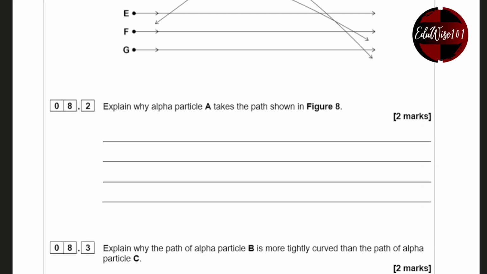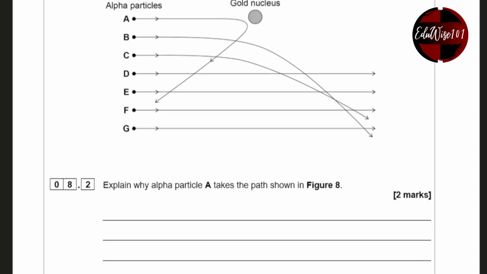Why did the alpha particle shown in figure 8 bounce off? Now, what we need to remember is that an alpha particle is a helium nucleus. Because it's a helium nucleus, it has 2 protons and 2 neutrons. Now, 2 protons carry a positive charge and the neutrons don't carry a charge.